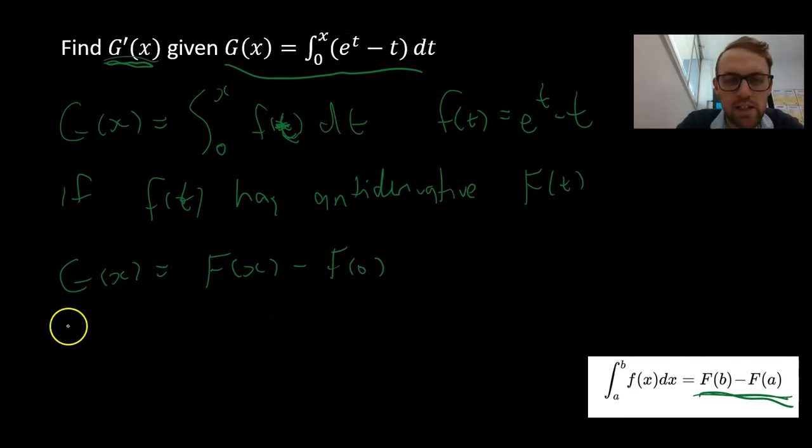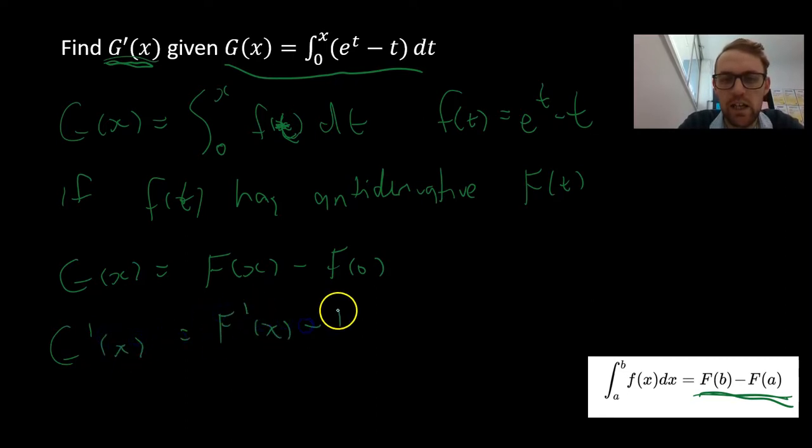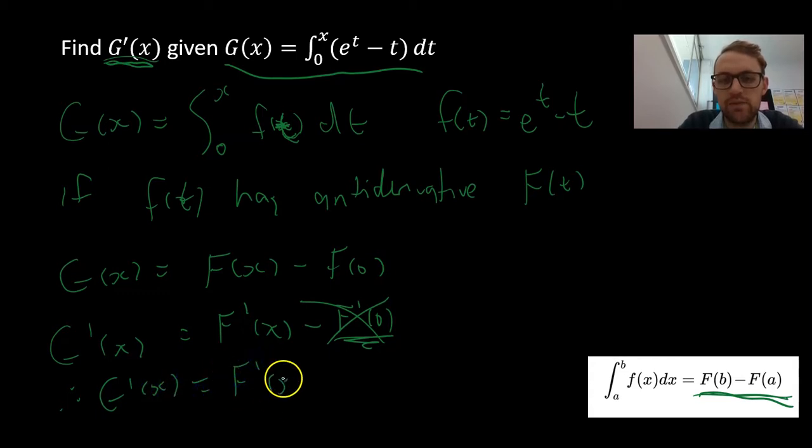Now the original question asked us to find g dash of x, which is going to be equal to F dash of x, take F dash of 0. But because this is 0, it's a constant, so it's just going to go away. The derivative of a constant is just 0. So therefore, g dash of x just equals F dash of x.